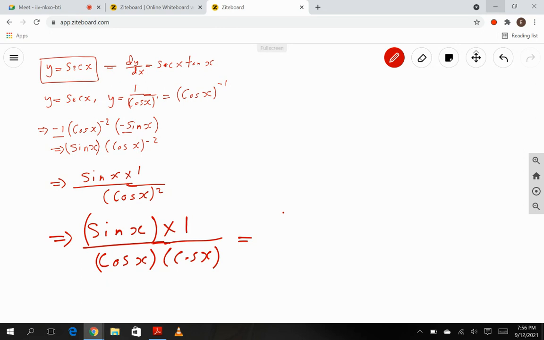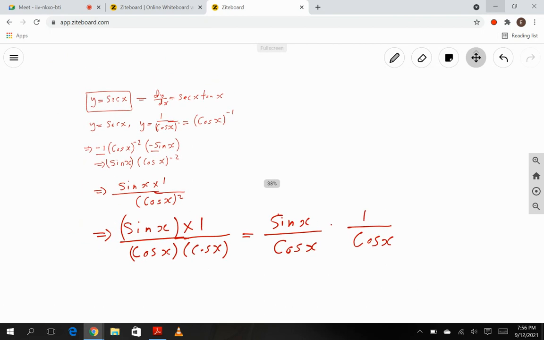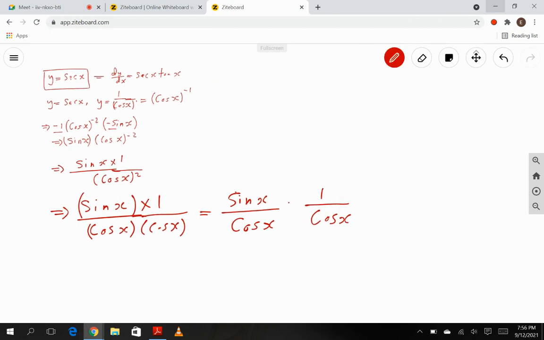So then you're going to say sine over 1 cos. Okay, then multiply the 1 over the cos x. Because if you multiply this, you're getting back to the same thing, right? The dot I've put there is for multiplication.